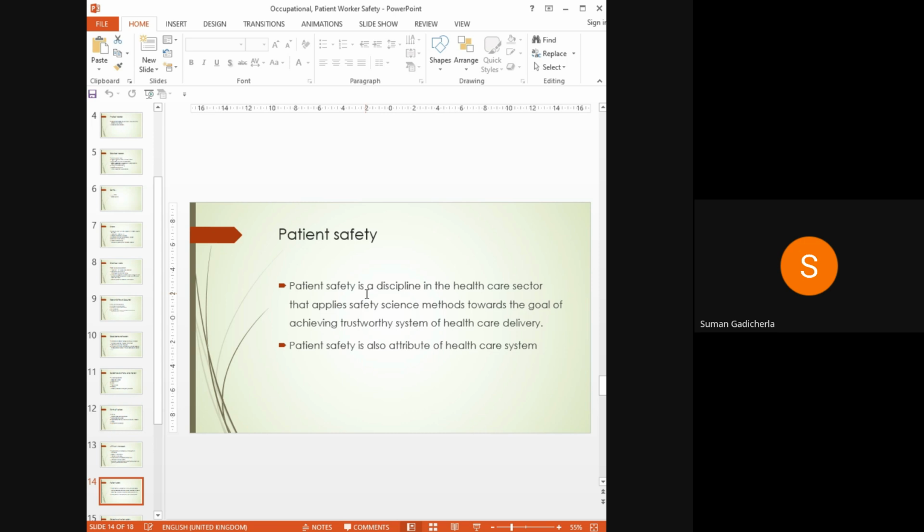Now the patient comes for one disease. Say for example, the patient is having acute gastritis or acute gastroenteritis, is having vomiting and diarrhea. He comes to the hospital for an IV.